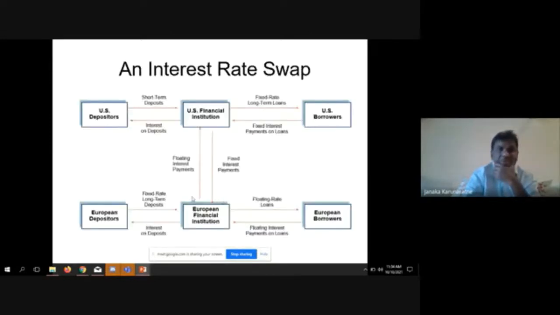It will pay lower interest rate. Anyway, interest rate lowering will not be a problem, but it gets fixed rate payments, so that the European financial institution will cover up its position.